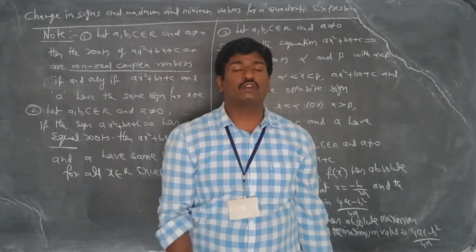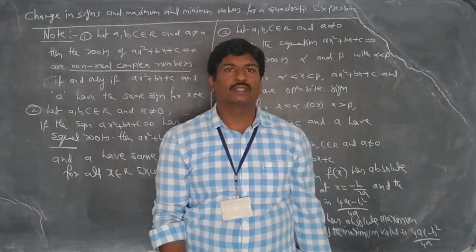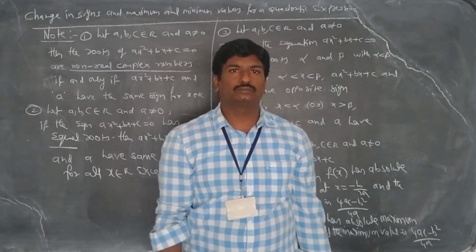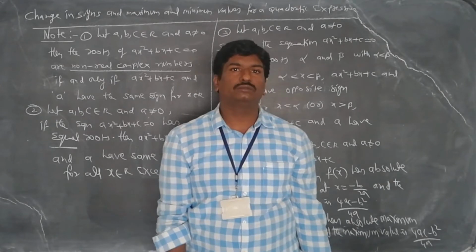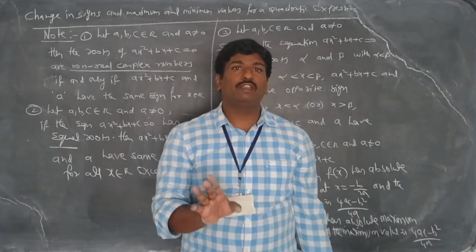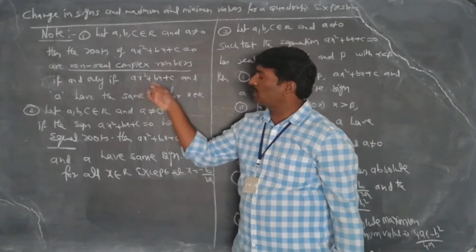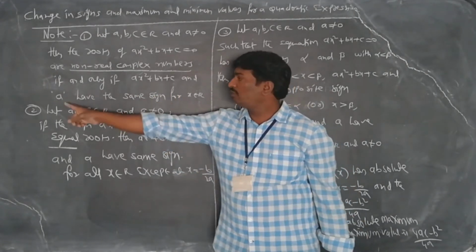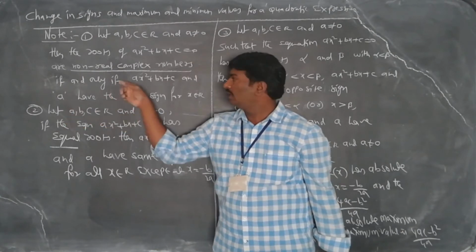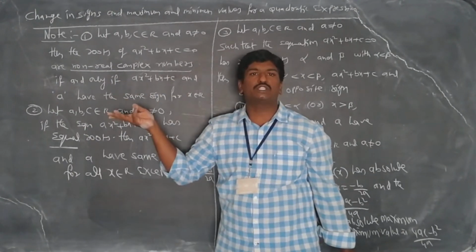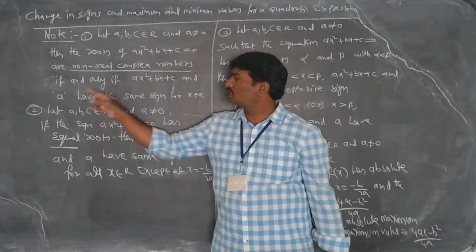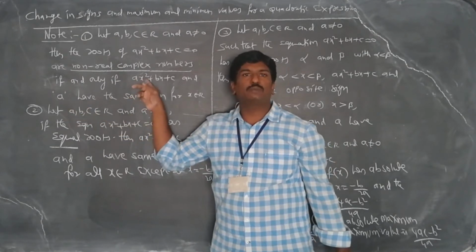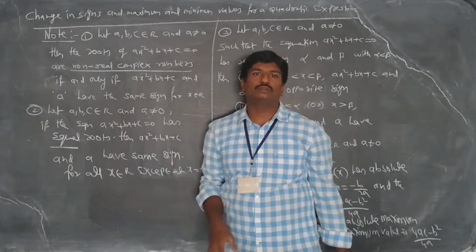What is the x square coefficient here? The x square coefficient is 2. Is it positive or negative? Positive. So when a is positive, the expression value is also positive because they have the same sign. So when the coefficient of x square is positive, this expression also becomes positive only. Suppose the coefficient of x square is negative, then the expression value is also negative, right?